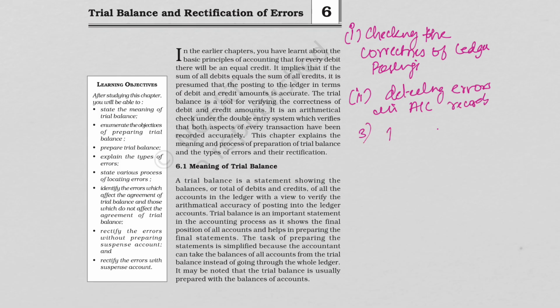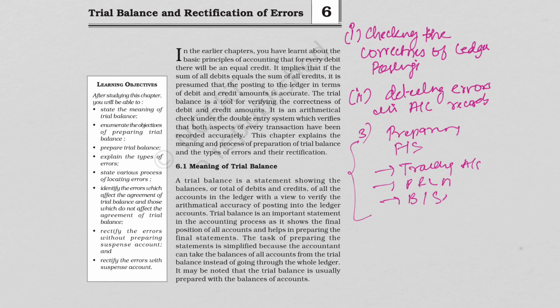Thirdly, it helps in preparing financial statements like the trading account, profit and loss account, as well as the balance sheet. Because the balances of accounts are already available in the trial balance, the accounts can easily be transferred to the final accounts. Thus the trial balance simplifies the preparation of financial statements.